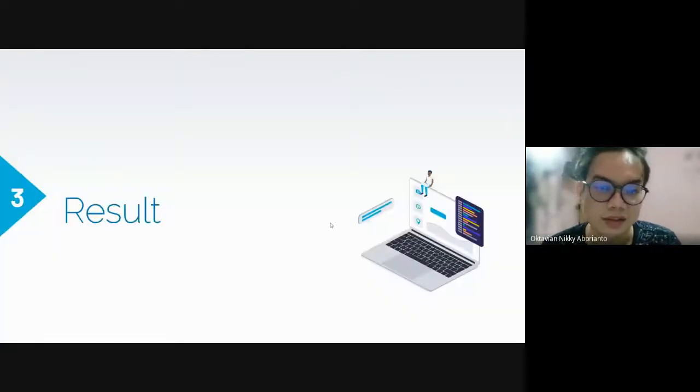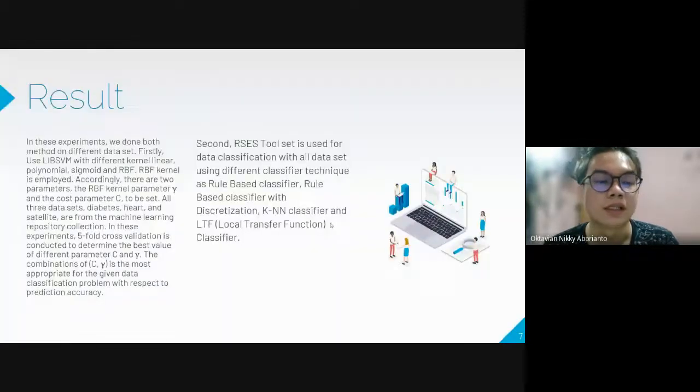The next one is results. In this experiment, the authors ran both methods on different datasets. Firstly, they use LIBSVM with different kernels: linear, polynomial, sigmoid, and RBF. When the RBF kernel is employed, there are two parameters, the RBF kernel parameter gamma and the cost parameter C, to be set.